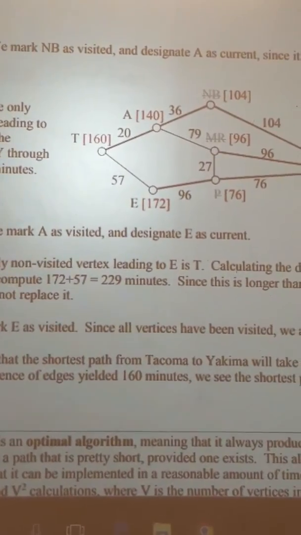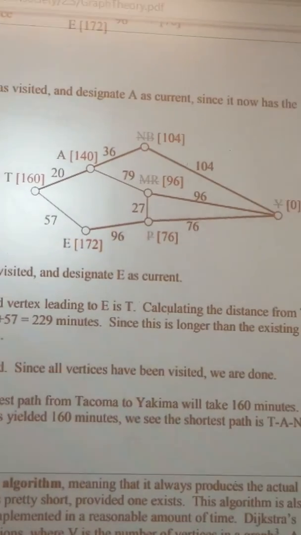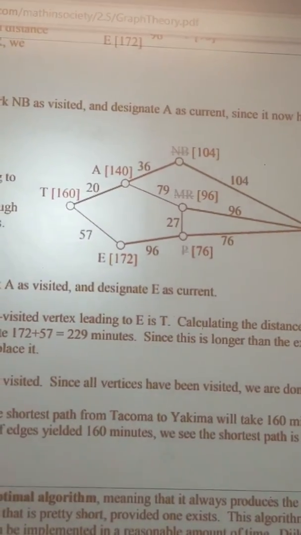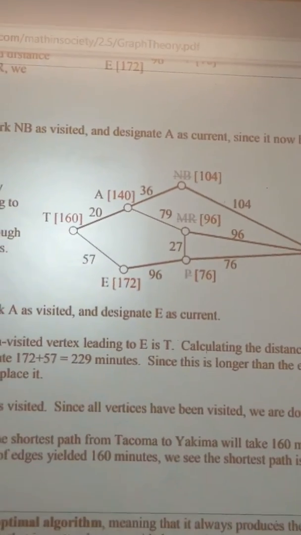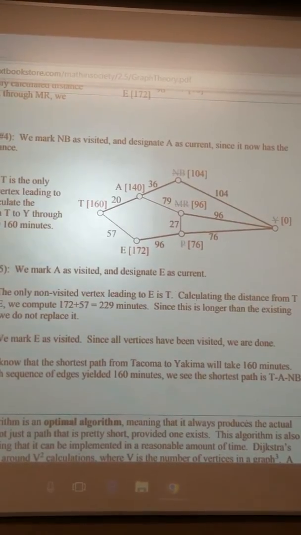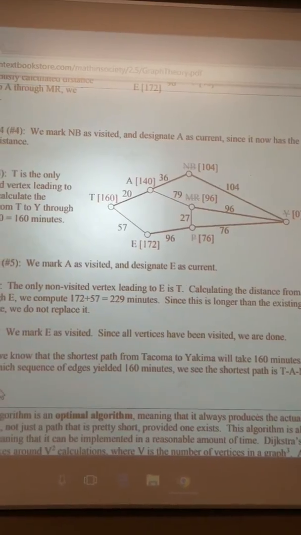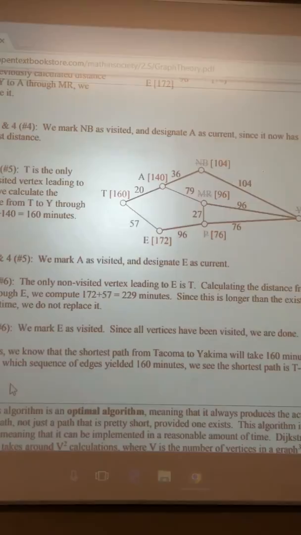Now, a lot of you are going to say, we could have just done this a lot easier. We could have just calculated the distances on each path and compared the totals. You could. That's called the brute force algorithm. Find every path leading from one vertex to the other vertex and calculate the distances and then find the least cost or the least distance.